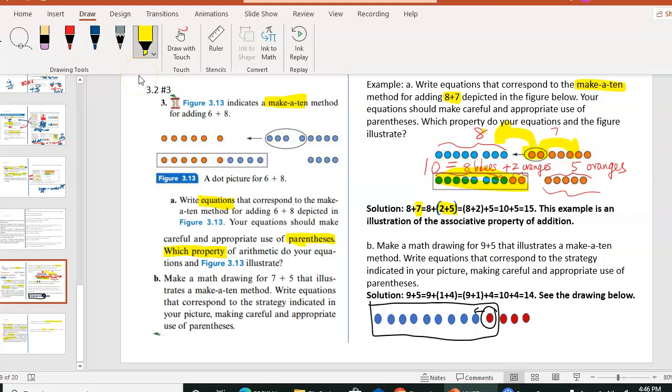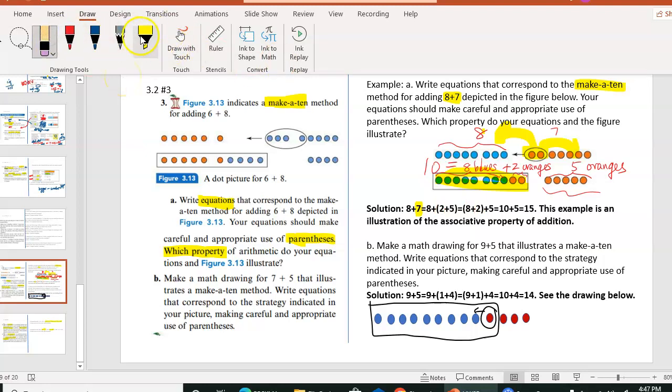This property, when we're switching parentheses, is called the associative property. How do we remember it? Because this number 2 can be associated with the rest of the 5 oranges. It can also be associated with the blue ones. So it depends on which one you want to associate this 2 with, and that's why we call it the associative property.